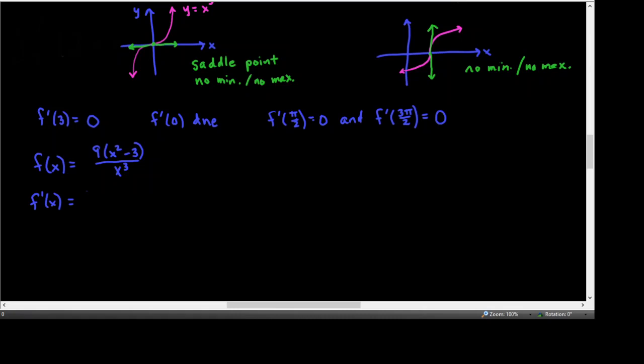So the derivative is low times d high, the derivative of 9x squared minus 27, which I guess I can distribute that on paper to make this easier to do, is 18x, minus high, which is the 9x squared minus 27, d low, which is 3x squared, all over the square of low.